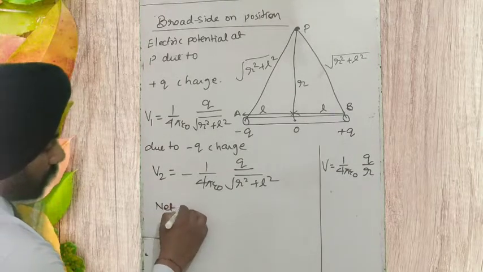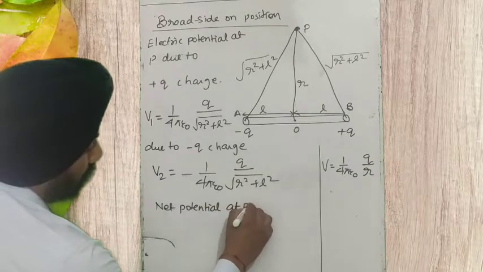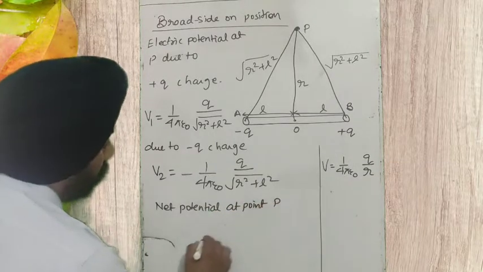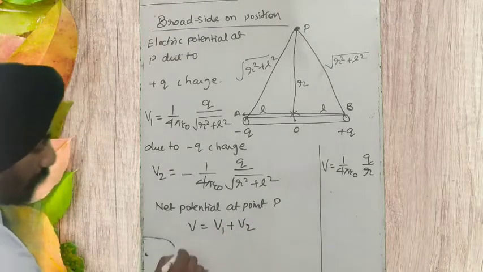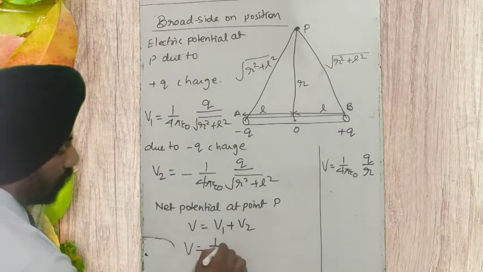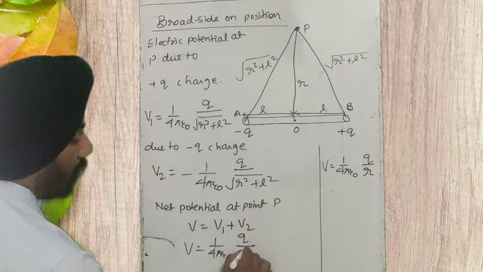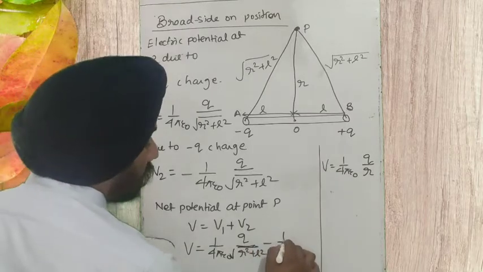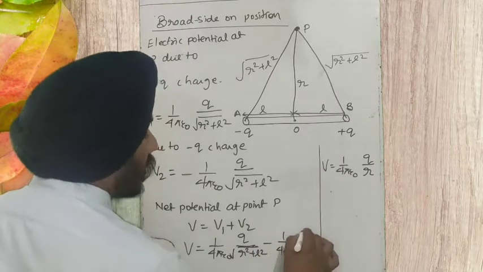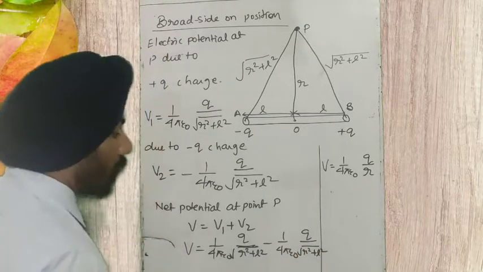The net potential at point P will be equal to V1 plus V2. Just put in the values: 1 upon 4 pi epsilon naught q by under root r square plus l square, minus 1 upon 4 pi epsilon naught q by under root r square plus l square.